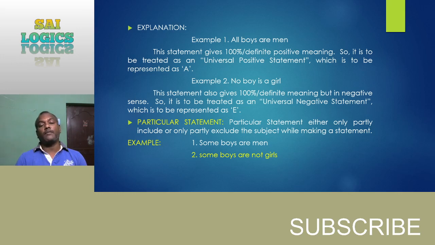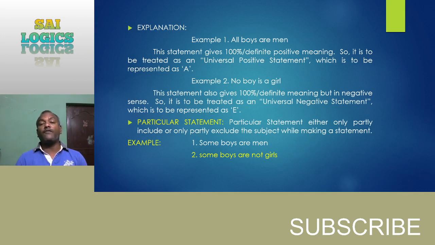It is also inclusion or exclusion, but confined to a particular part. For example, some boys are men, some boys are not girls. Some means confined. Some boys are men is positive. Some boys are not girls is negative. So particular positive, particular negative. These two statements are to be called particular statements.